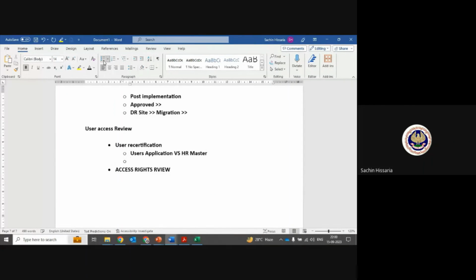Here I am trying to check whether any user who has left the organization is still there in the application. So I am doing a reconciliation of user application count versus HR count, and checking whether the users in the application are active or not. That is called user recertification.